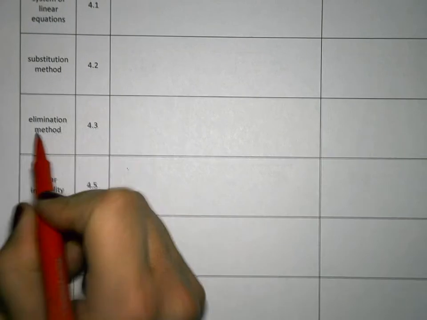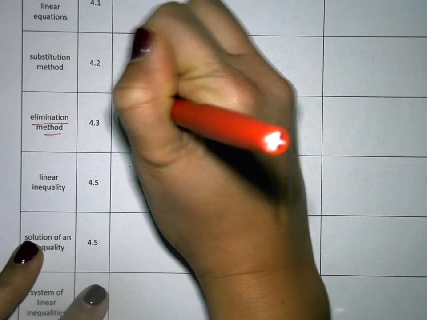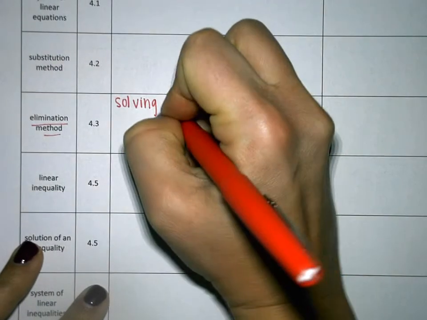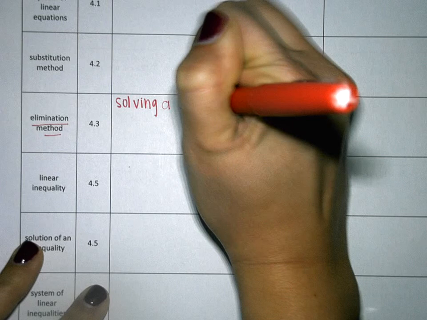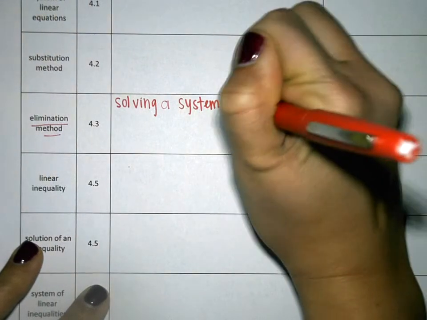So today we're going to talk about the elimination method. And the elimination method of solving a system is when you solve a system by eliminating one of the variables.